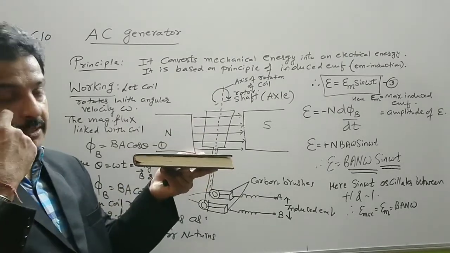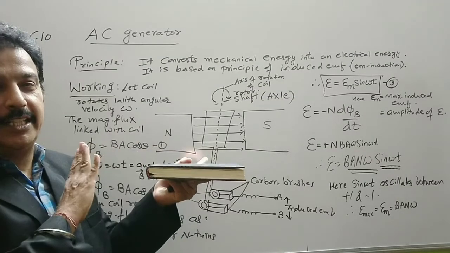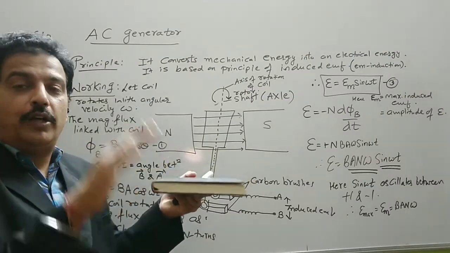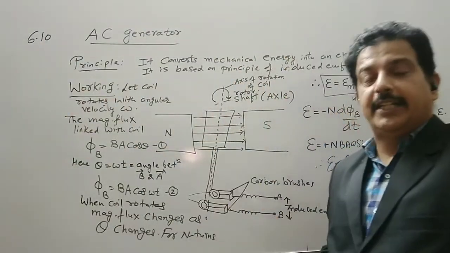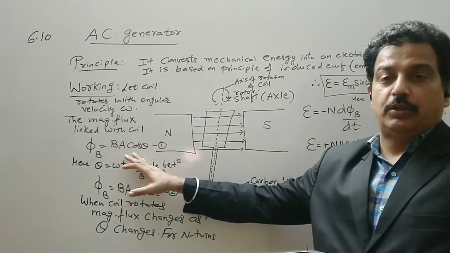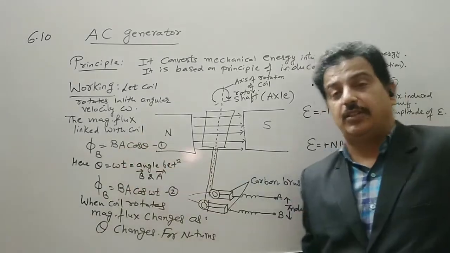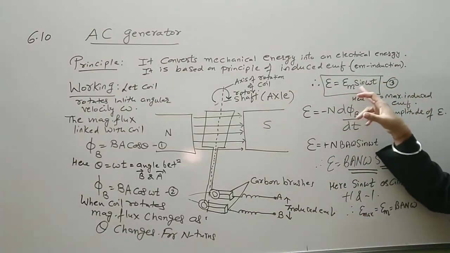This is the situation when the flux is 0 because the angle is 90 degrees. So whenever the coil or area vector makes an angle of 90 degrees or 270 degrees with the magnetic field, the magnetic flux will be 0. And when the magnetic flux is 0, at that time the EMF induced will be maximum.